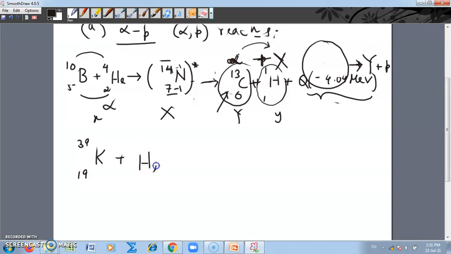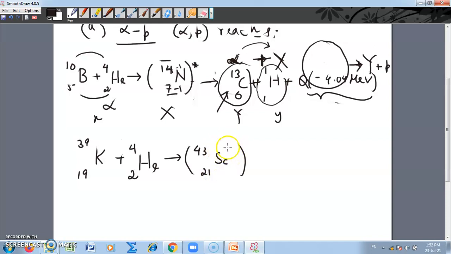Because it's an alpha induced reaction, I have to hit it with alpha particles, and we know what will come here. It will be 39 plus 4, so it will be 43, and in the bottom we will have 21. So 21, we have this element.